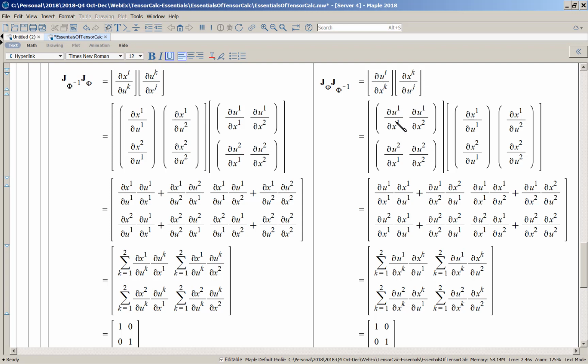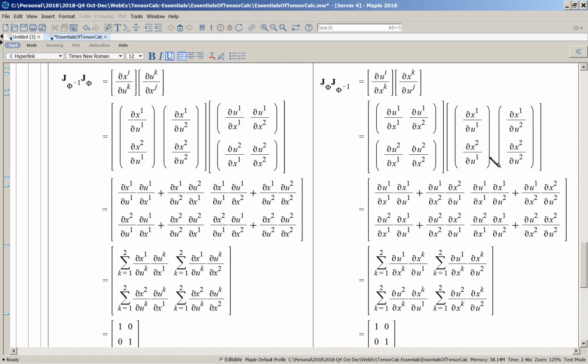This is our expanded view. I group the rows of the Jacobi matrix of the forward transformation. Explanation yet to come, but the columns have the same derivative with respect to x1, and in this column with respect to x2.